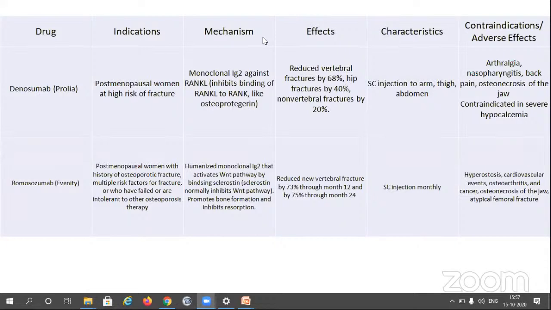It reduces new vertebral fracture by 73% through month 12 and by 75% through month 24. It's given subcutaneously. Its adverse effects are hyperostosis, cardiovascular events, osteoarthritis, cancer, osteonecrosis of the jaw, and atypical femoral fracture.